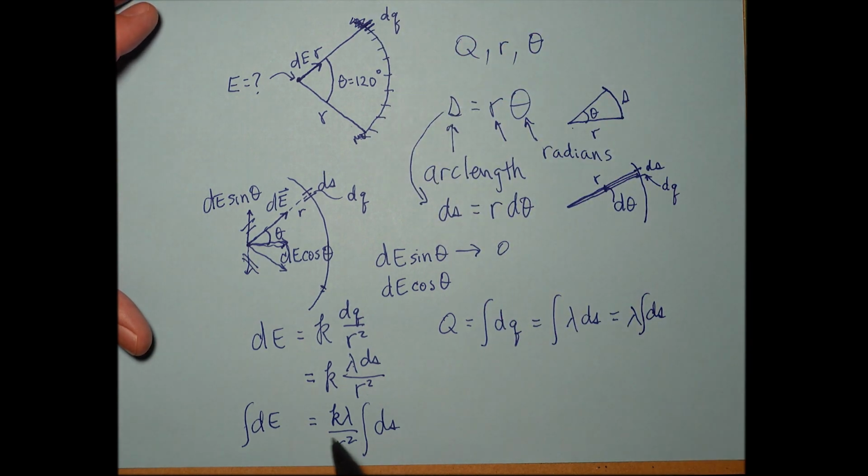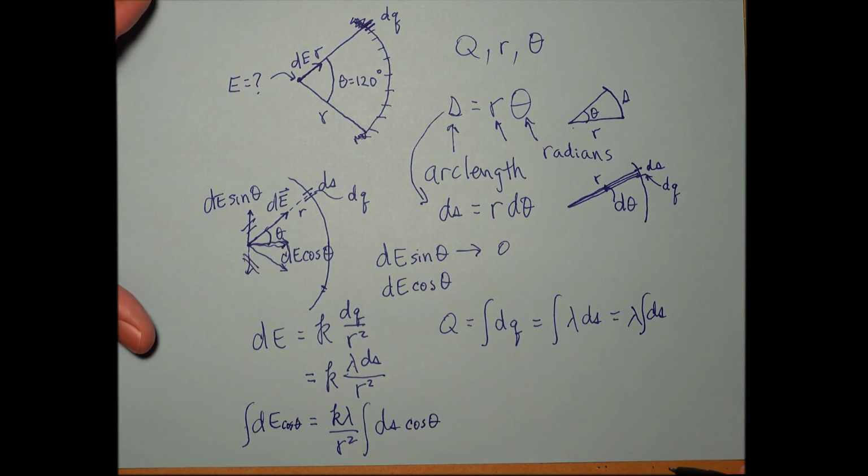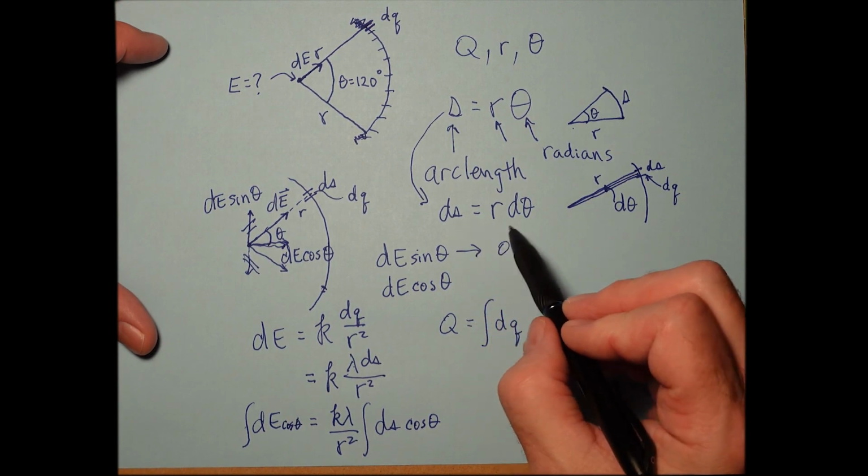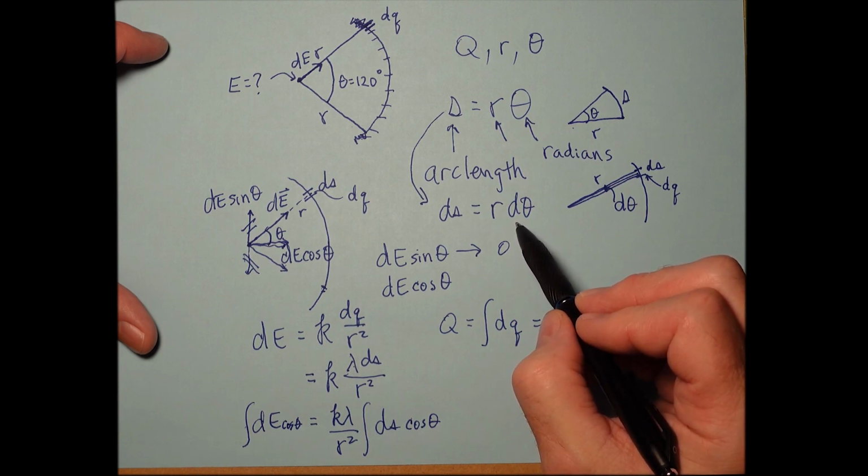All right, so now let's include the cosine term. I have to put in the cosine theta term, and substitute in what we already know, that ds is equal to r d theta.